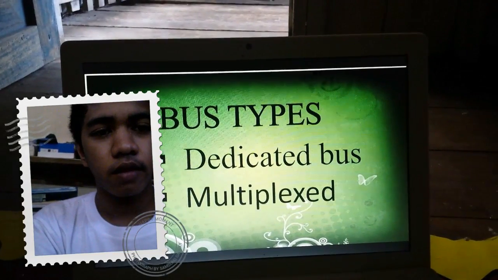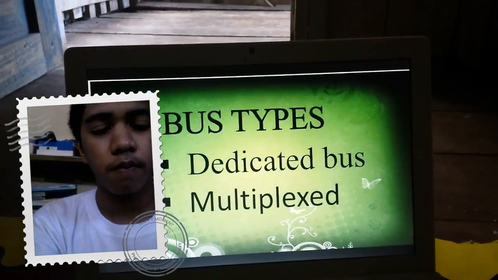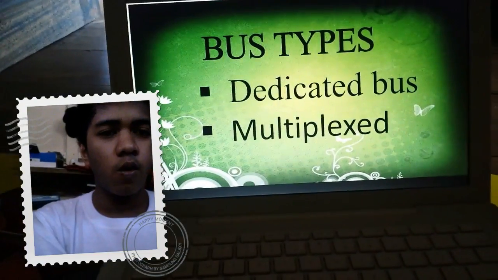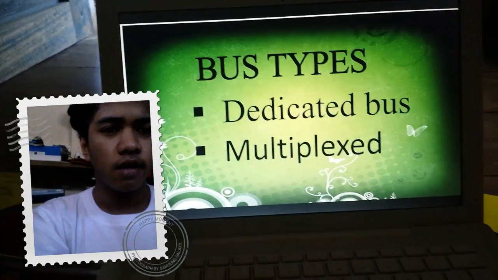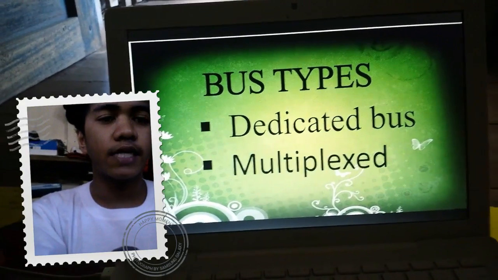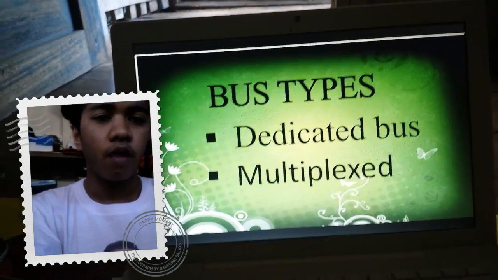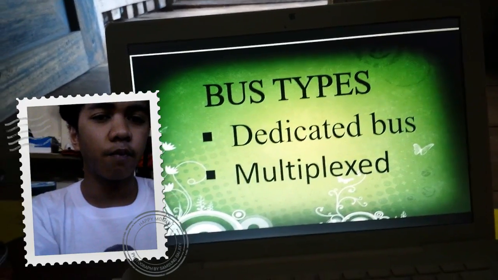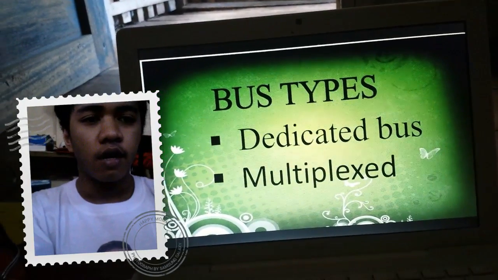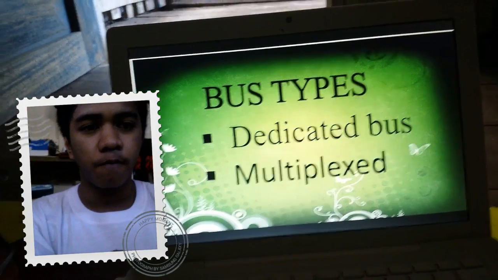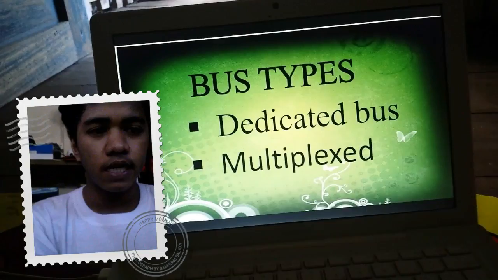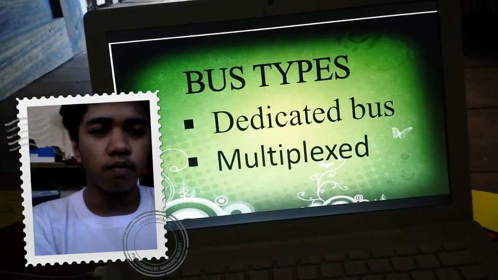We have here the bus types, the dedicated bus and the multiplex bus. What is the difference between dedicated and multiplex? A dedicated bus is assigned for one function only, while a multiplex bus is designed for multiple purposes. That is their difference.